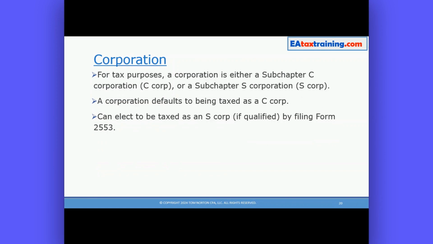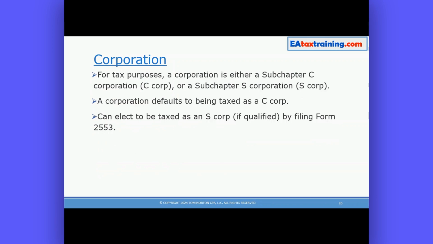For tax purposes, as we said before, there is no just corporation income tax. You are either a subchapter C corporation, what we call a C corp, or a subchapter S corporation, or an S corp. By default, the corporation is taxed as a C corp.